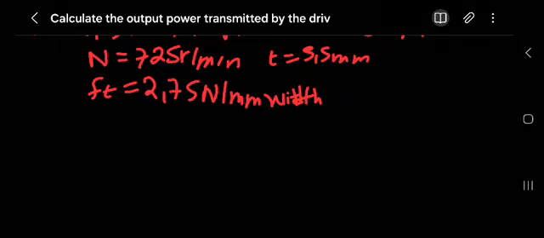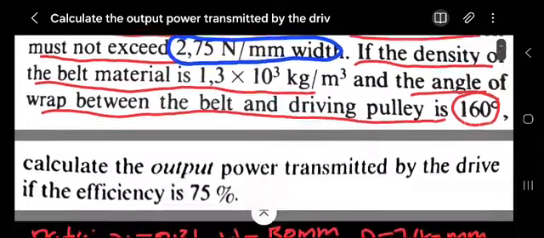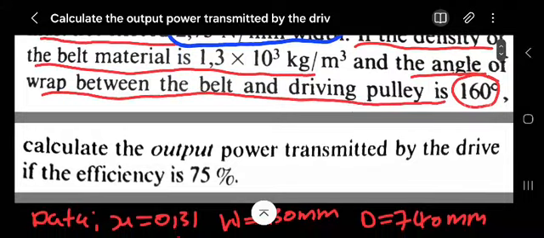So what else do we have? The density is 1.3 times 10 to the power of 3, in kg per cubic meter.